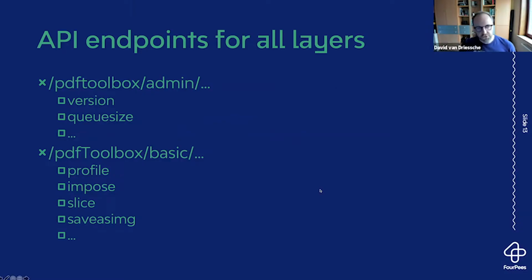How does it work? That should be relatively straightforward if you know how REST APIs work. We have created 3 different main endpoints: pdfToolbox admin, basic, and then advanced, and then each of the different things that you can do have their own verb or action, whatever you want to call it, under that.